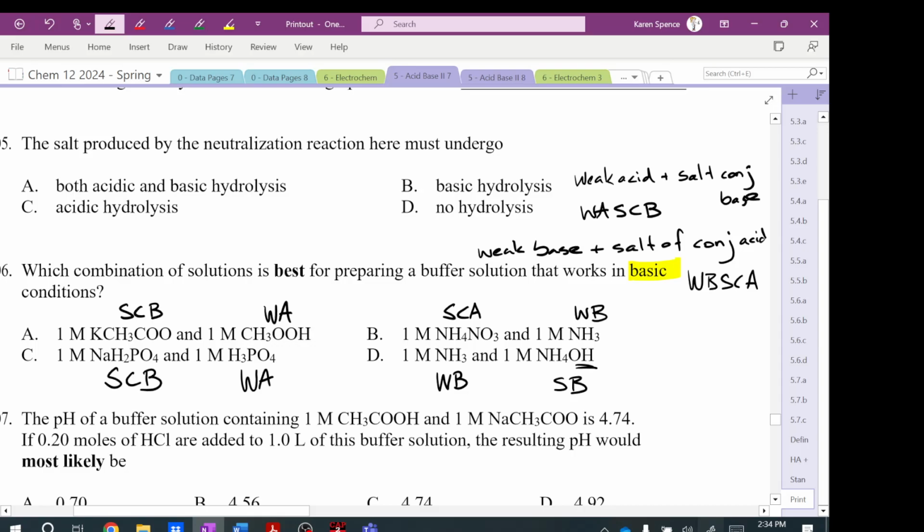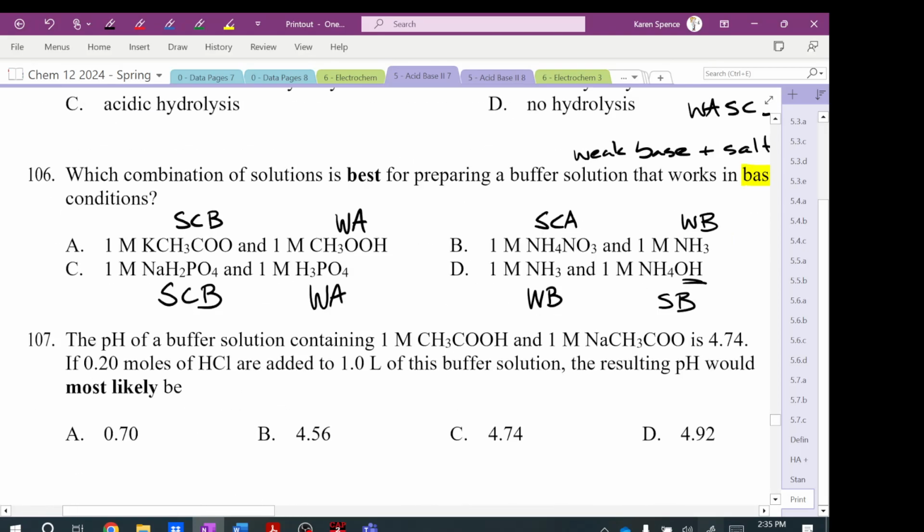Even if you didn't know how this worked, could you, by process of elimination, choose the correct one? Could it be A or C? Why or why not? We don't have a weak base, okay? Well, we do have the conjugate. These are conjugate weak bases. This is the salt of the conjugate weak base.